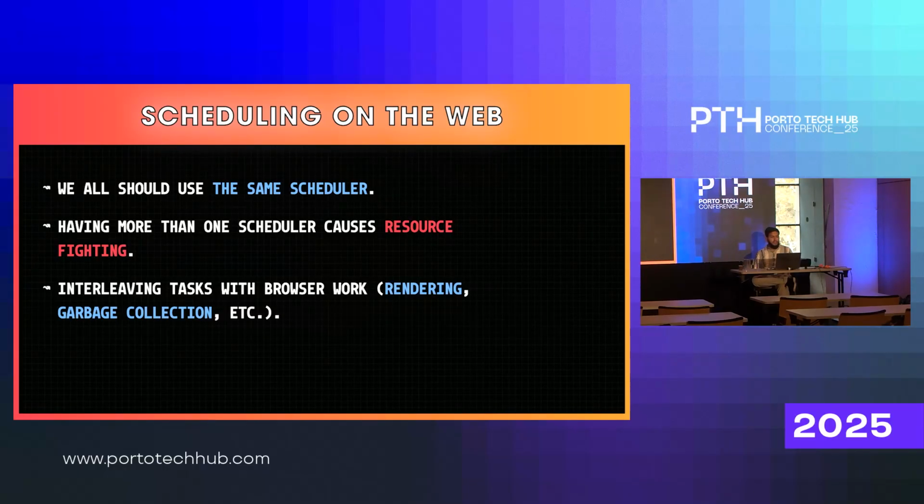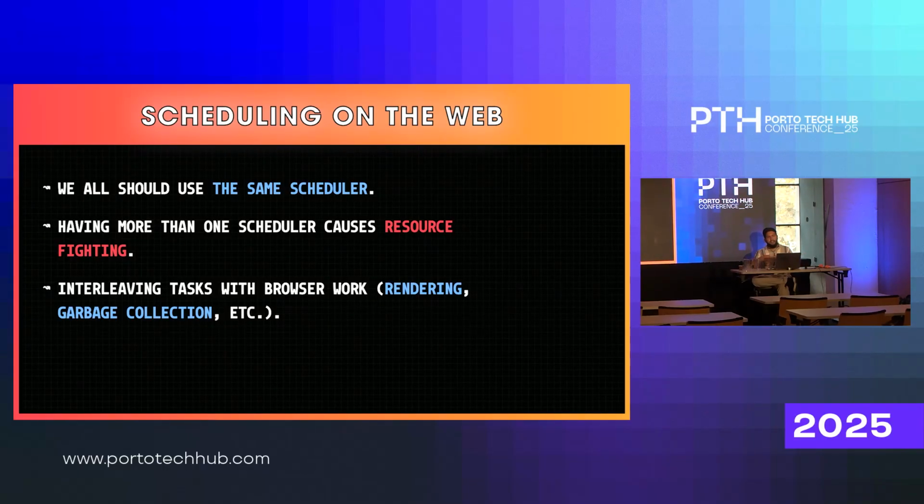Some of these are great, but the problem is that as the browser, we lack a unified scheduler with unified APIs. Because bottom line, if you have more than one scheduler, for example, React has its scheduler, Svelte has its scheduler, Solid, and so on, not to mention that the browser has its internal scheduling, you can end up with resource fighting.